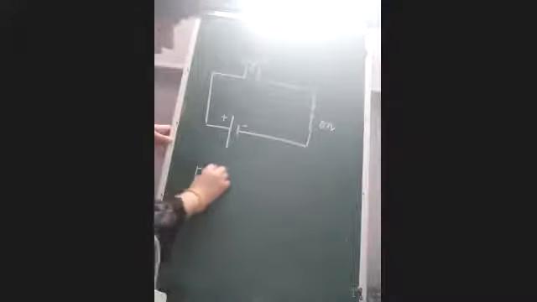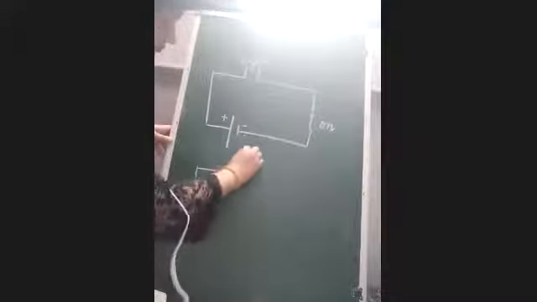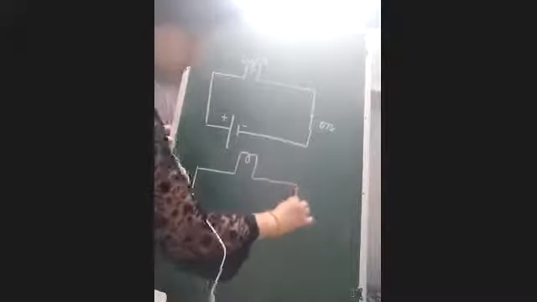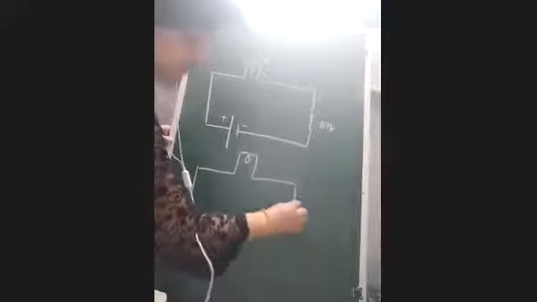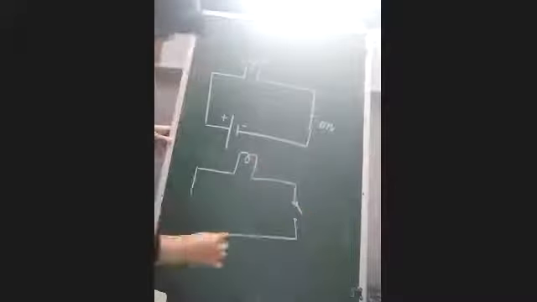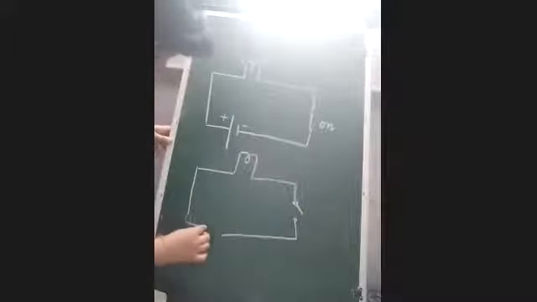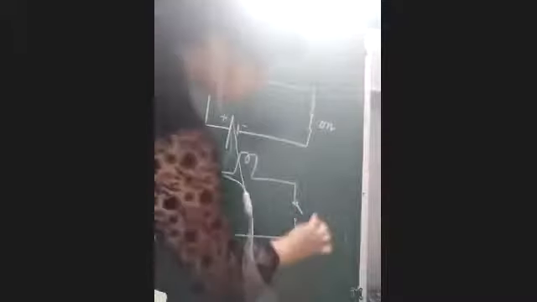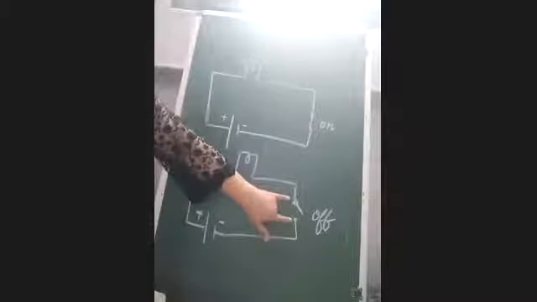If we make another, here we will leave the switch open. The battery is there, but our switch is open. It means the switch is off. The connection is broken. There is no connection.